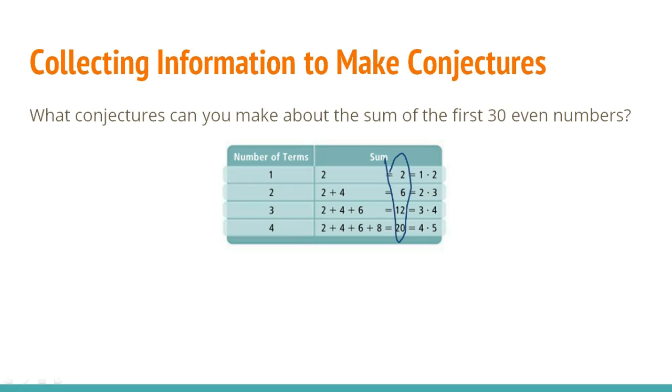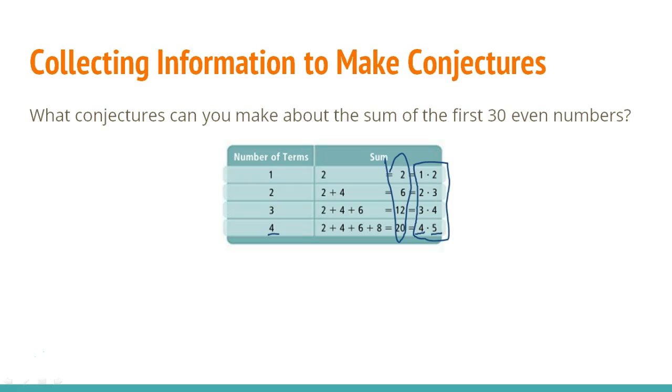And what was concluded about the sums if we were to be doing a multiplication here? They gave us that 2 would be 2 times 1, 6 would be 2 times 3, 12 would be 3 times 4, 20 would be 4 times 5. So we have 4 terms, and it's going to be 4 times 5.